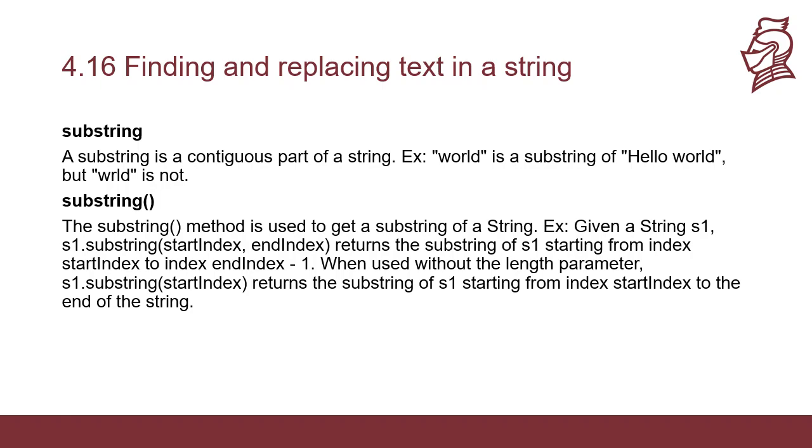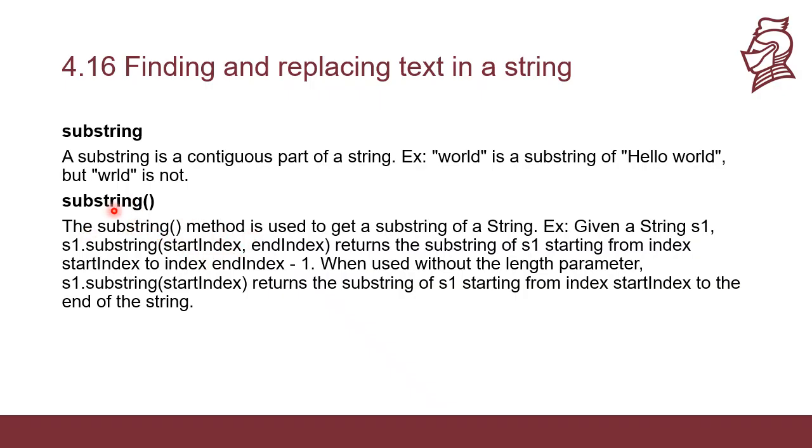A substring is a contiguous part of a string. So if I have a string, "hello world", right here, okay, "world" is a substring of "hello world". And if we're looking for it, it becomes our target string that we're looking for, right? "wrld" is not a substring because those characters don't exist in there in that order.